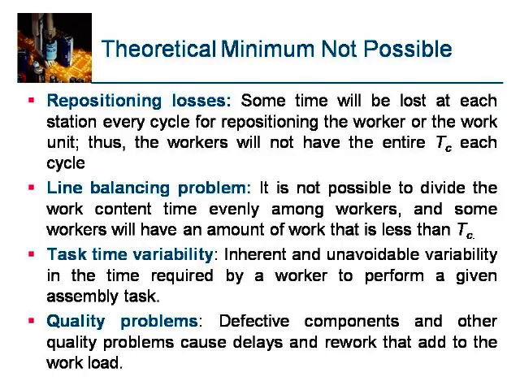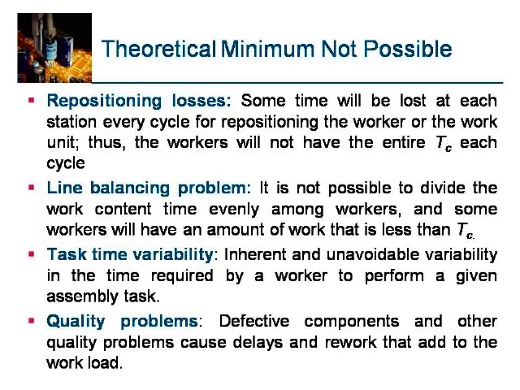In the line balancing problem, it is not possible to divide the work content time evenly among the workers, and some workers will have an amount of time that is less than TC. Thus uneven sharing of this time among different work elements will lead to the line balancing problem.